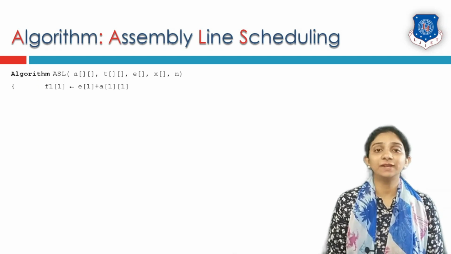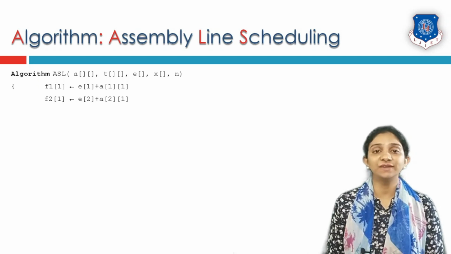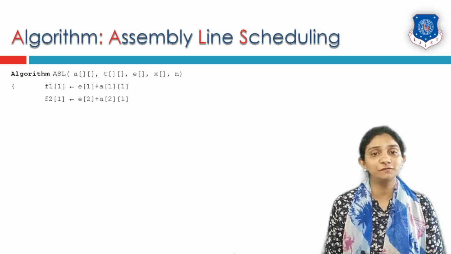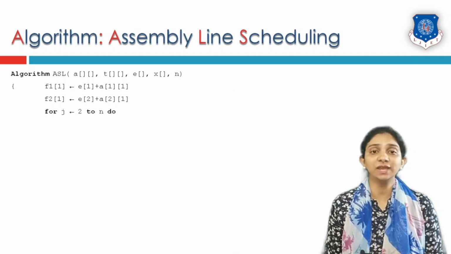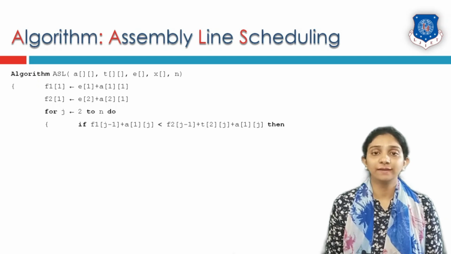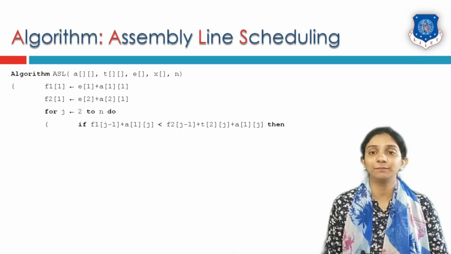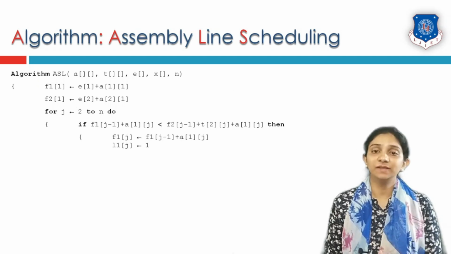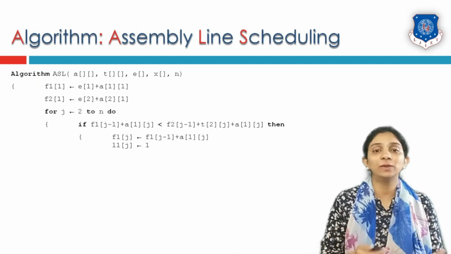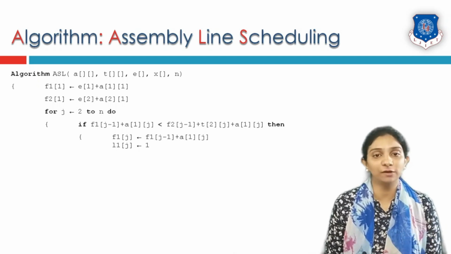F1 of 1 is given as entry 1 plus A1 of 1, and F2 of 1 is given as entry 2 plus A2 of 1. From the second station to the nth station, that is j from 2 to n: if F1 of j minus 1 plus A1 of j is lesser than F2 of j minus 1 plus T2 of j plus A1 of j, then the first value, that is the minimum value, will be copied inside F1 of j and 1 will be stored inside L1 of j.